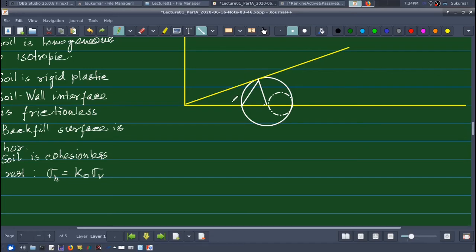Sorry. This is my angle of failure plane, say theta 1, and you remember from the geometry of the Mohr circle that this theta 1 is how much? Theta 1 is 45 plus phi by 2, right?